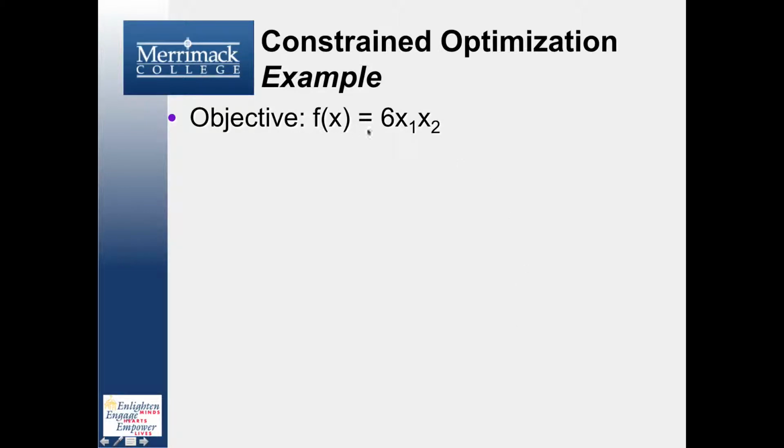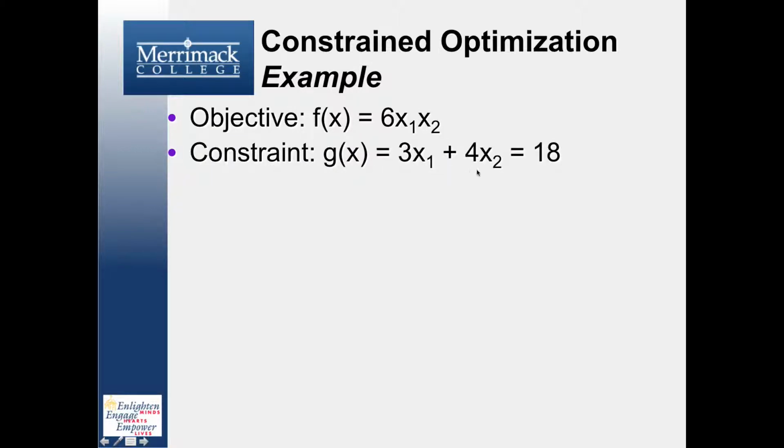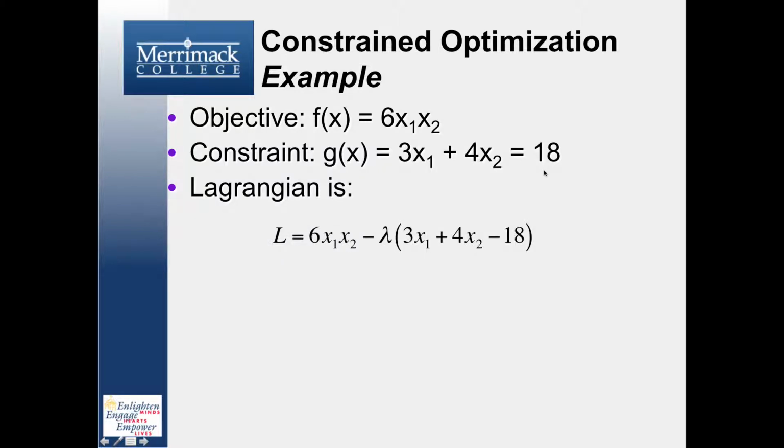Let's say I have an objective function here, 6x1, x2, and only one constraint for now, 3x1 plus 4x2 equals 18. Those must equal 18. So the Lagrangian would be then the original objective function minus, we only have one constraint, so we only have one lambda.